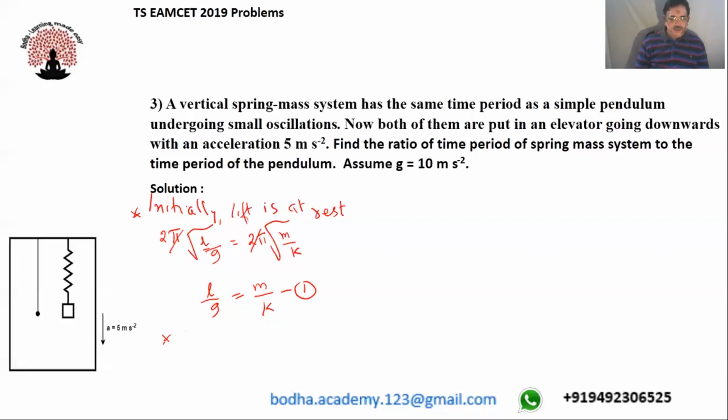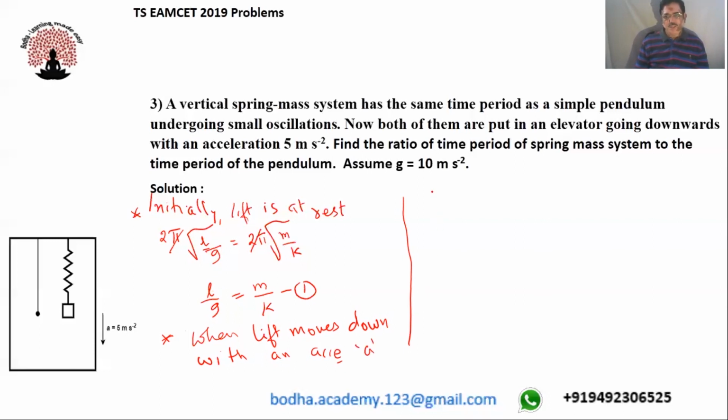So when the lift moves down with an acceleration a, for a loaded spring the time period, I'll take it as T1', is equal to 2π√(m/k).